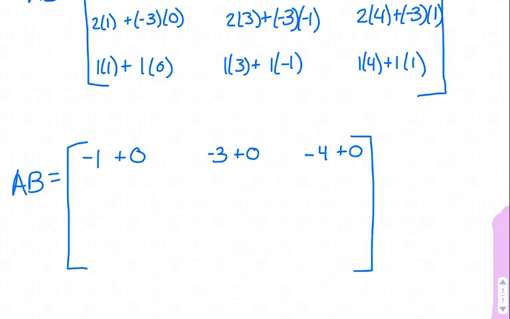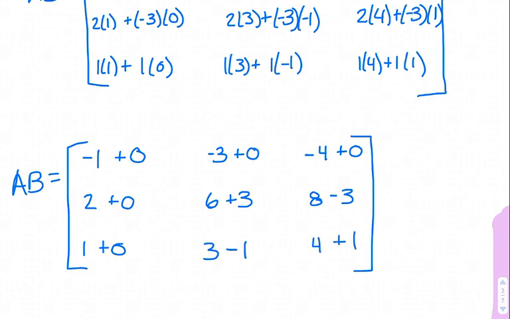So 2 times 1 is 2, negative 3 times 0 is 0, 2 times 3 is 6, negative 3 times negative 1 is 3, 2 times 4 is 8, negative 3 times 1 is negative 3. And then my last row, 1 times 1 is 1, 1 times 0 is 0, 1 times 3 is 3, 1 times negative 1 is negative 1, 1 times 4 is 4, 1 times 1 is 1.